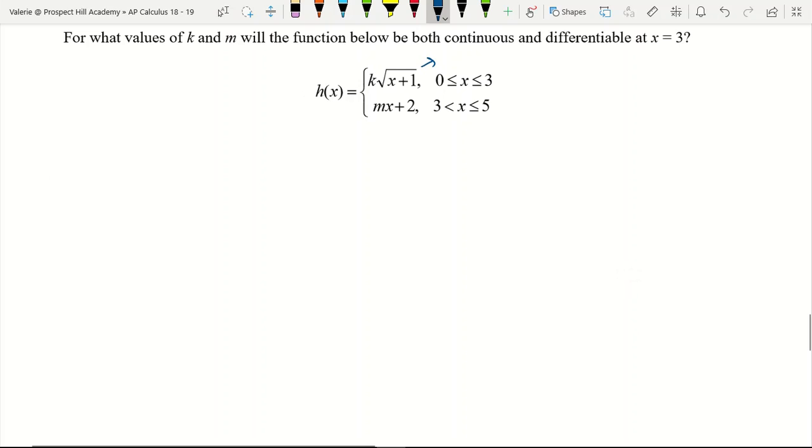So I can rewrite this piece as k times x plus 1 to the 1/2. And so the derivative of h of x is going to be equal to 1/2 k x plus 1 to the negative 1/2 times 1. And that's where x is between 0 and 3.